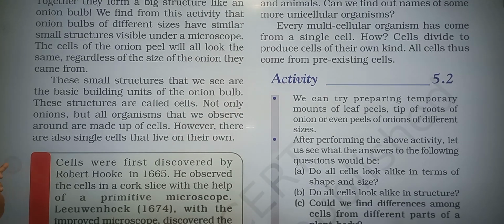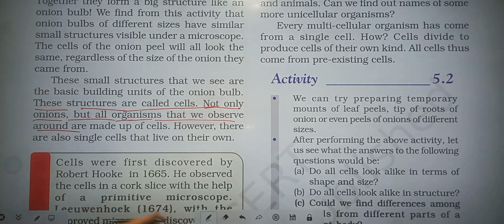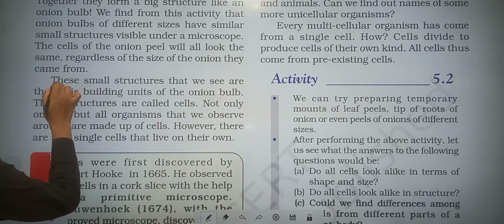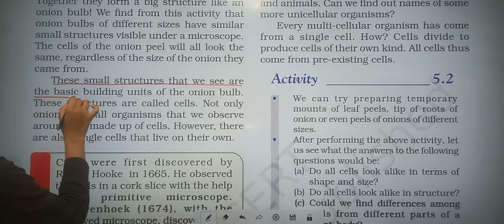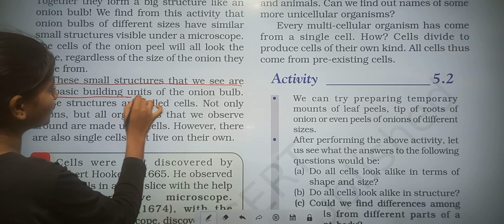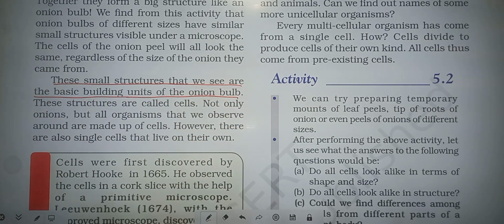These are smaller structures that we can see, the basic building units of the onion bulb.